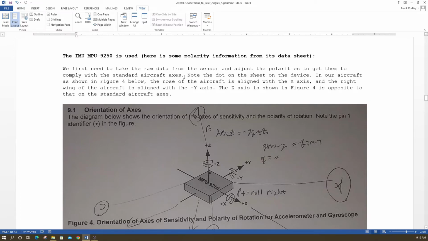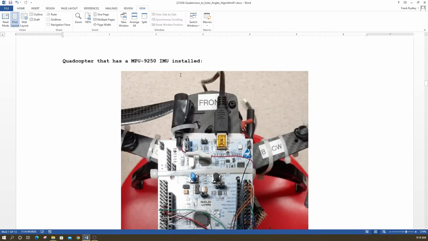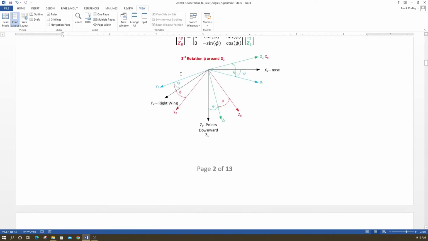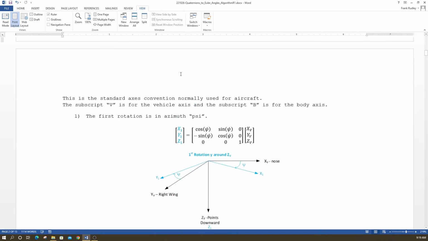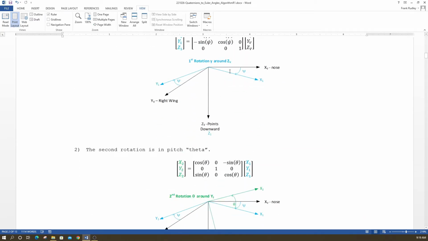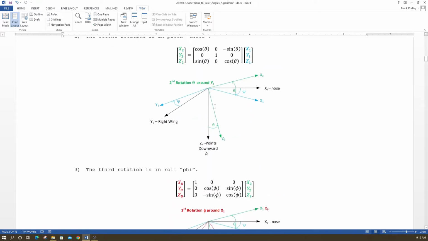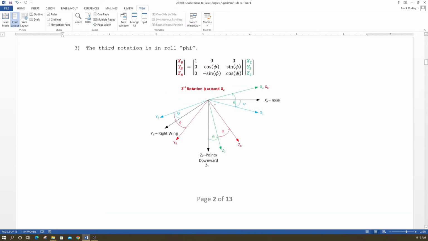So previously we tried to give some background information. Now we're going to go into the guts of the standard convention, where the x-axis goes through the nose, the y-axis goes through the wing, and the z-axis points downward. Now that's starting in the vehicle axis, which gets transformed to the body axis.